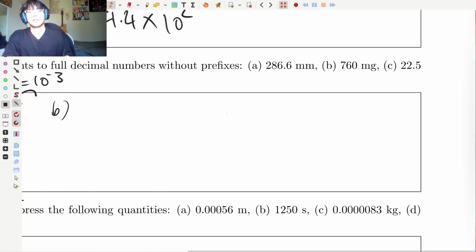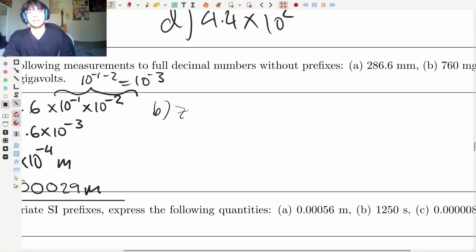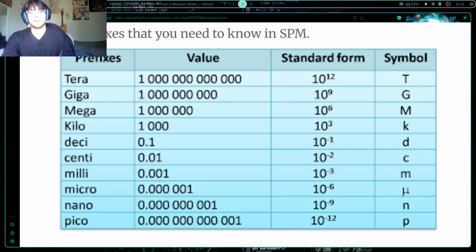So B, we have 760 milligrams. So milli is 10 to the minus 3.